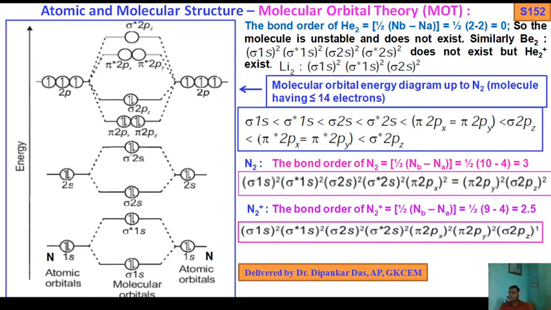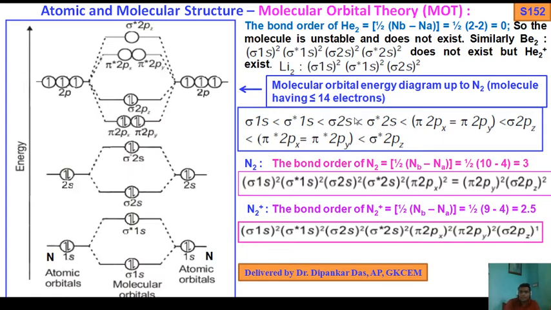That's why He2 doesn't exist, but He2 plus exists. Similarly, beryllium 2 doesn't exist, because the bond order is 0. Bond order 0 means the compound does not exist and is very unstable.